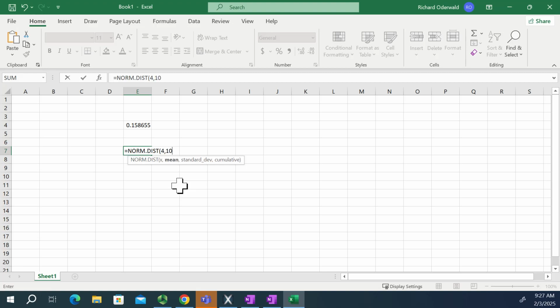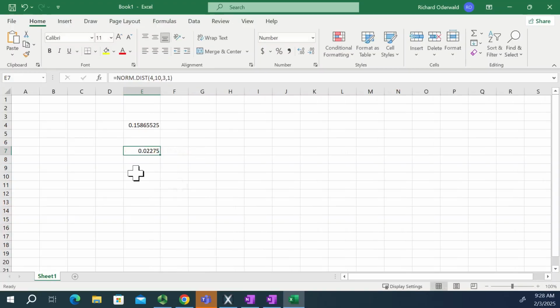Comma 10, comma 3 for standard deviation, and it's always cumulative when we use this. What number should I get for this? 2.5. Empirical rule isn't exact, but it's pretty good.